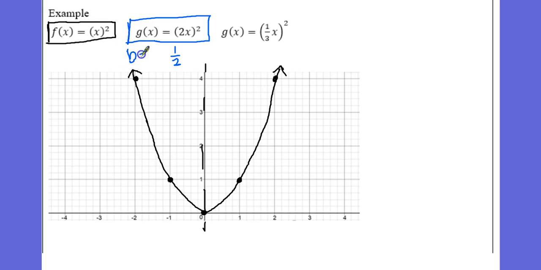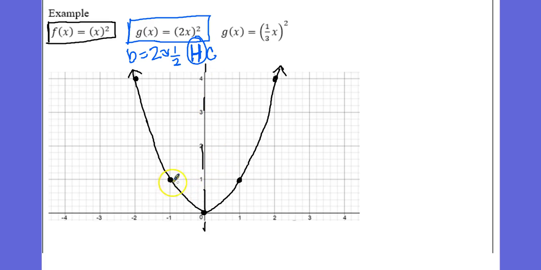So since our B is 2, I'm going to convert that to a 1/2. And I'm going to remind myself that this is a horizontal action, and it's a multiplication. So it's either a stretch or a compression. Well, it's a half. So is it stretching out or is it squeezing in? It's squeezing in. So we would call this a horizontal compression.